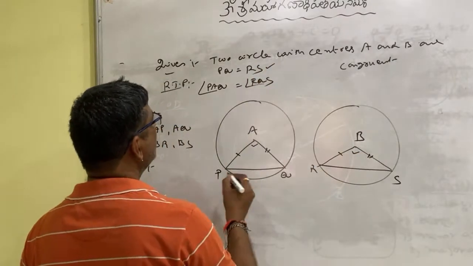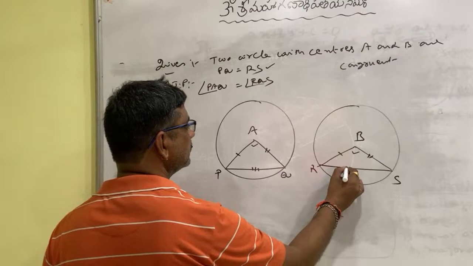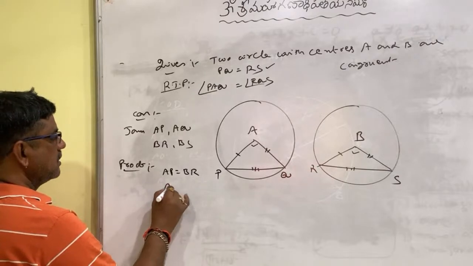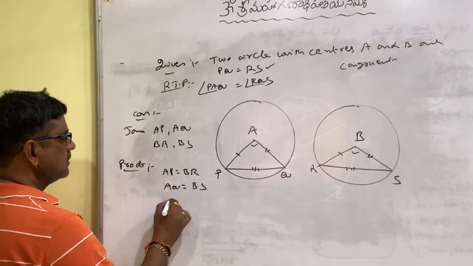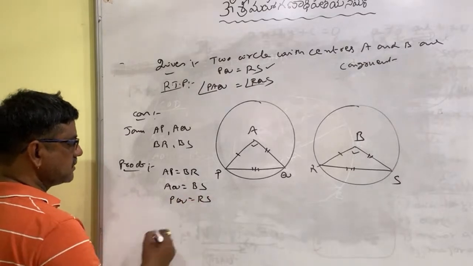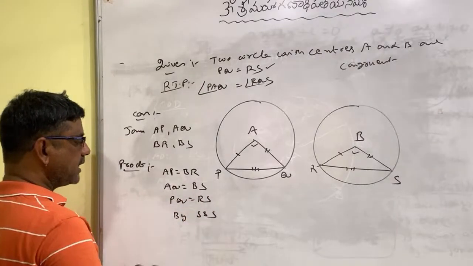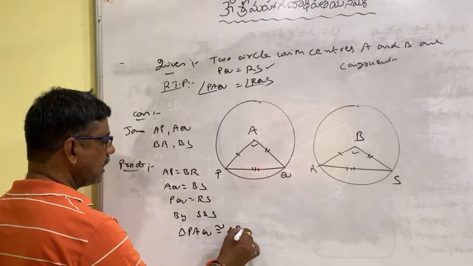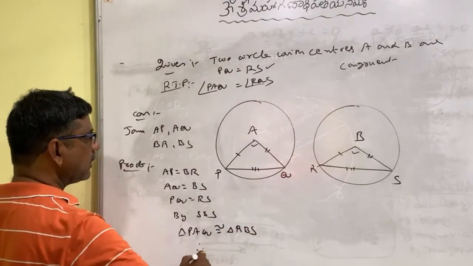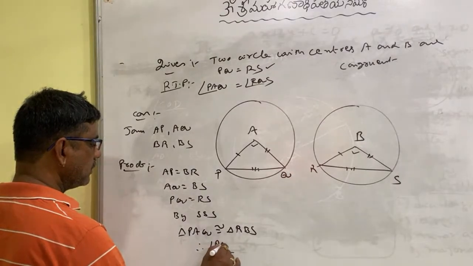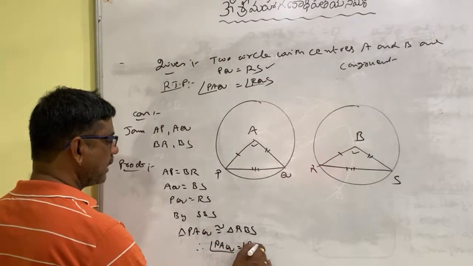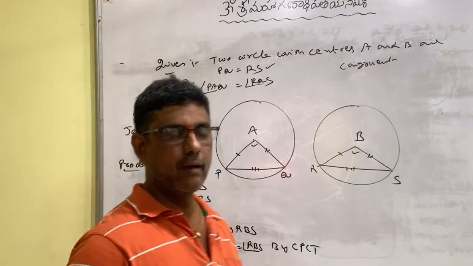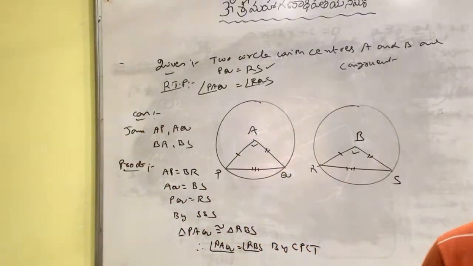And not only that, PQ is equal to RS. So the triangles are congruent, and therefore angle PAQ is equal to angle RBS by CPCT. Okay, children.